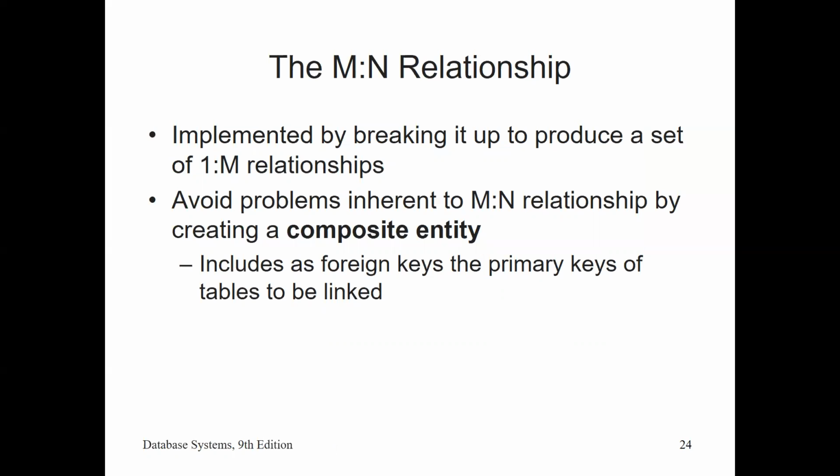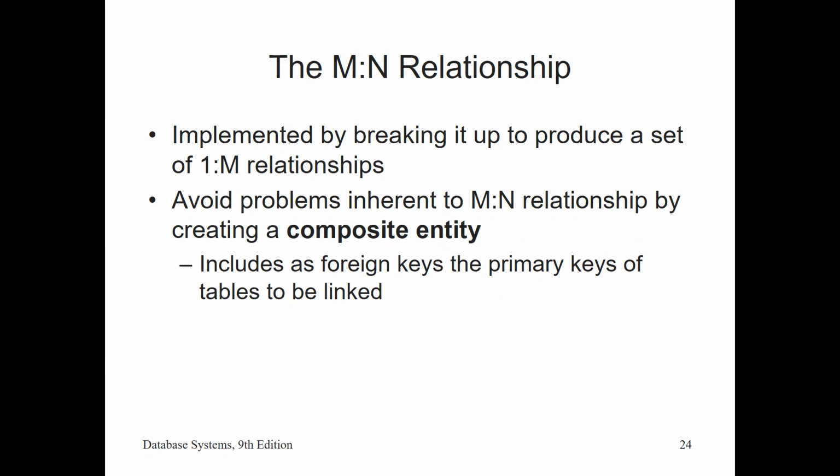Many-to-many relationship. A many-to-many relationship is not supported directly in a relational environment. However, many-to-many relationships can be implemented by creating a new entity in one-to-many relationships with the original entities.